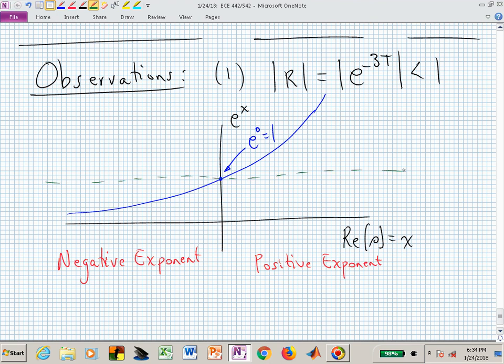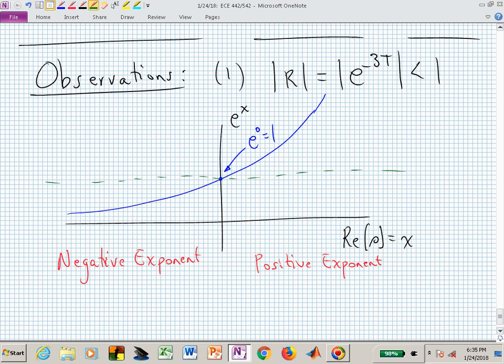That's supposed to be a flat line of distance 1. Anytime we have a negative exponent, we are going to have a value for r less than 1. So we're mapping into the unit circle.